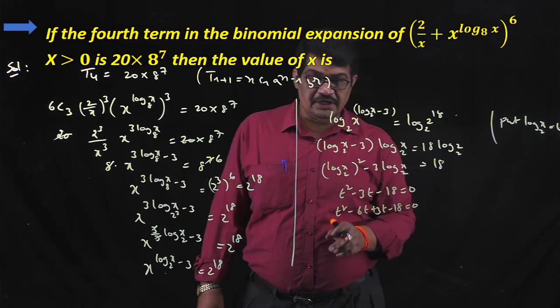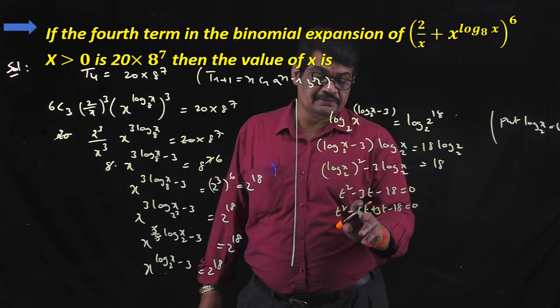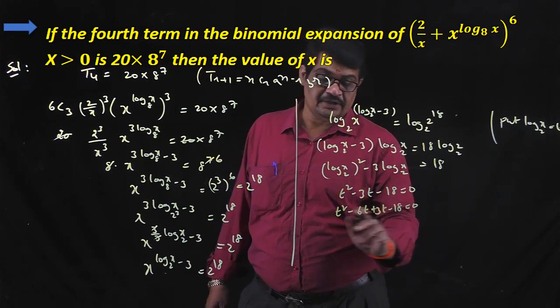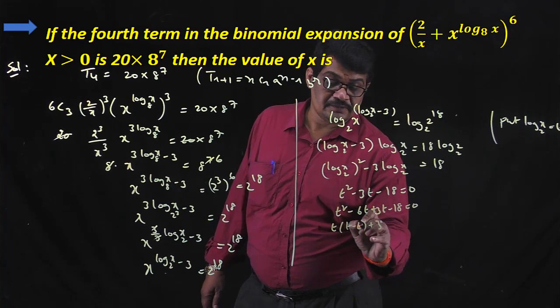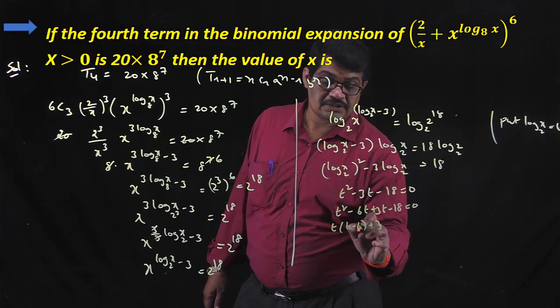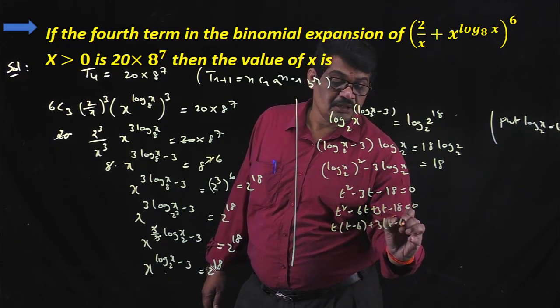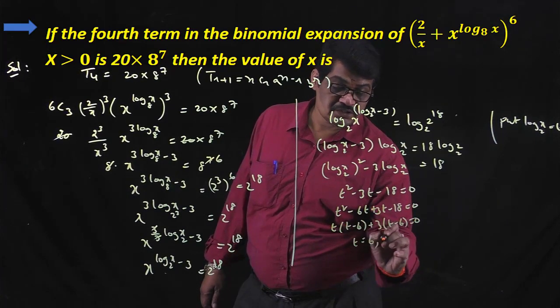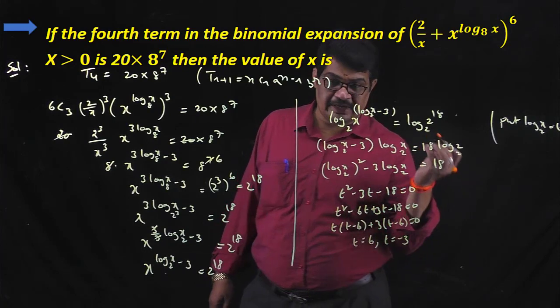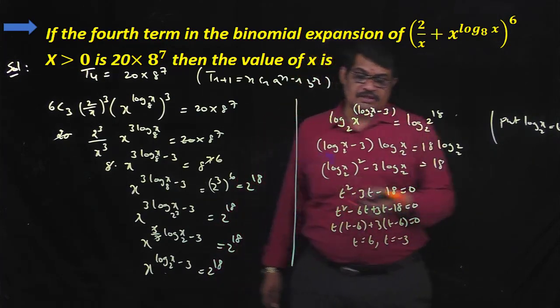Here t is common, t minus 6, and 3 is common, t minus 6. Then we get t is equal to 6 and t is equal to minus 3. These are the values of t.